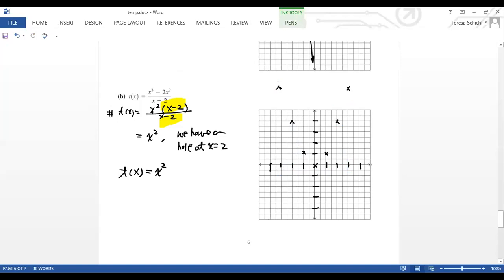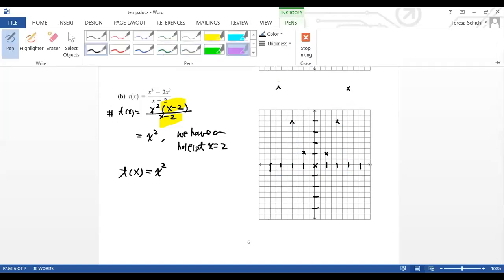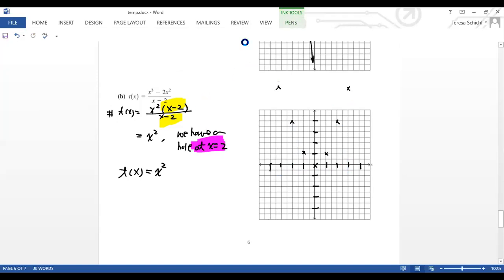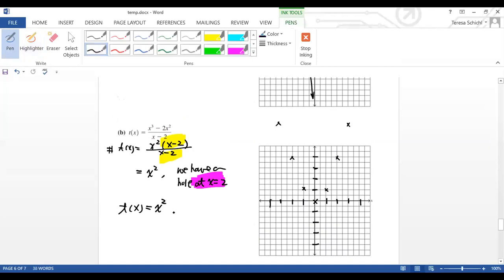Okay, so now you notice, hey, I have a hole at x equal to 2. That means at x equal to 2, I need to graph a hole. So what does 2 mean? 2 squared equals 4, right?